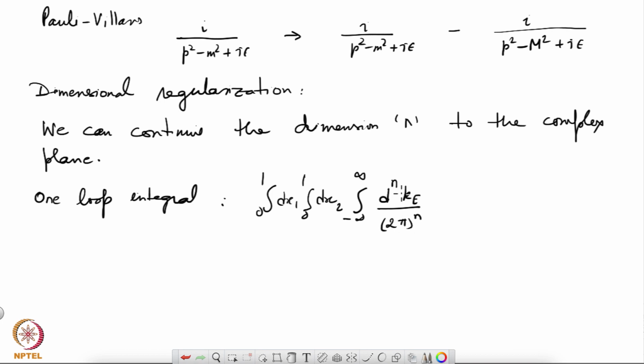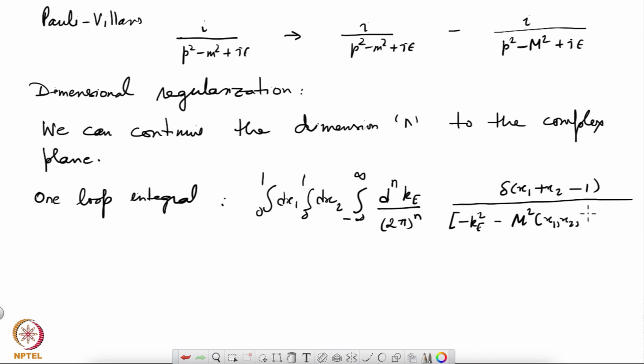Here, instead of putting n equal to 4, I have put n, but then n is discrete here. n could be 2, or 3, or 4, or 1, depending on in how many dimensions the given integral converges. Okay, so that's the form of the integral.